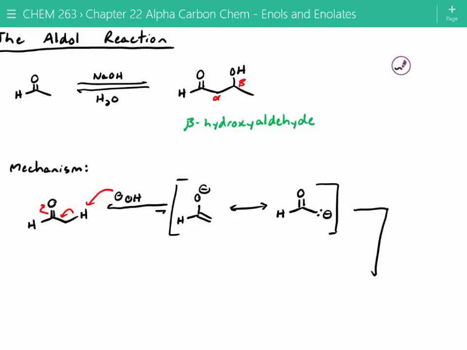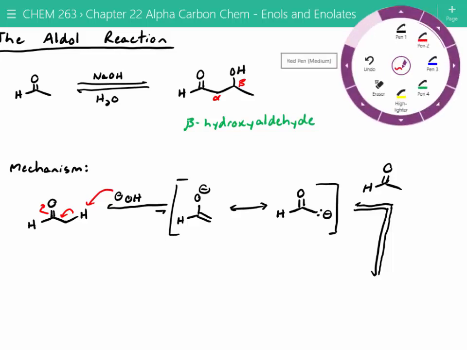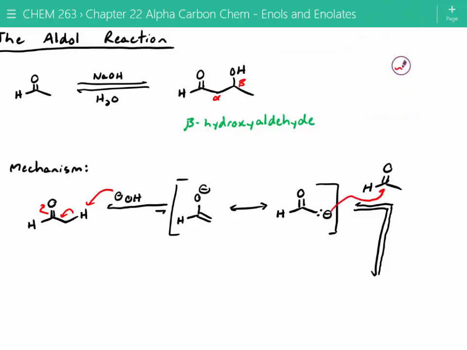let me add in some equilibrium arrows around this corner here. In the next step, we still have excess aldehyde around. So this enol can go and attack excess aldehyde that's floating around in solution and kick up electrons.